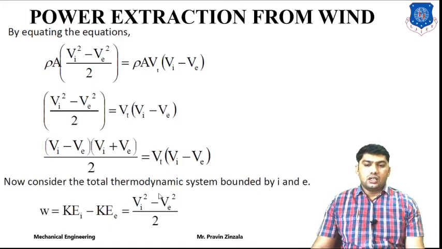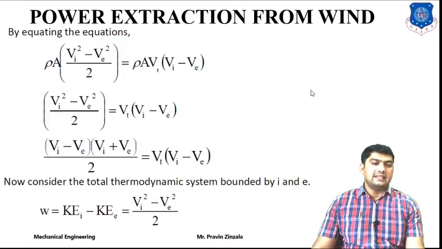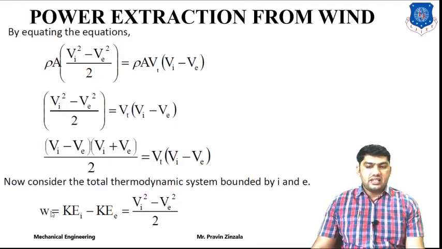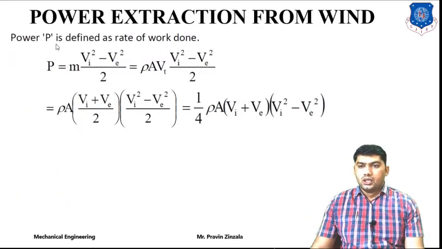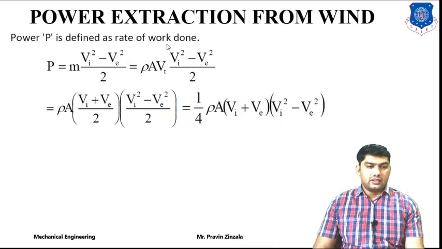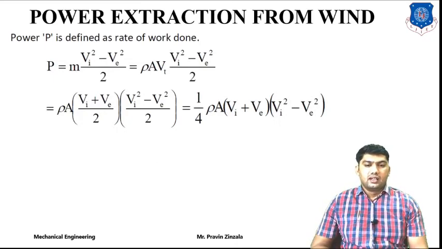Now we will consider the total thermodynamic system boundary by I and E. So we are applying the boundary condition at the incoming side and exit side. The change in kinetic energy is equal to work, so the kinetic energy at the incoming side minus the kinetic energy at the exit side. So we can write 1/2 m (Vi square minus Ve square). Power is defined as the rate of work done, and we can also derive the equation from kinetic energy.